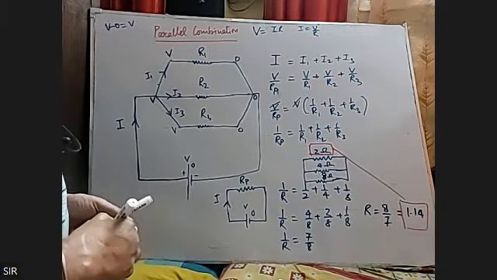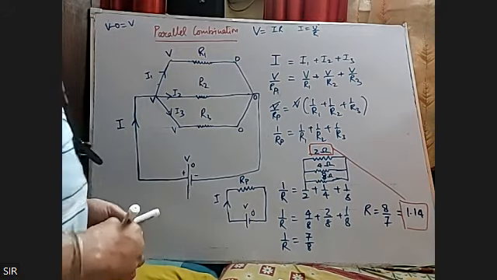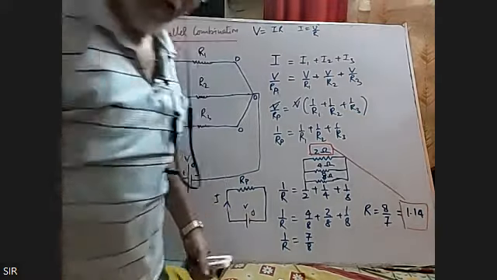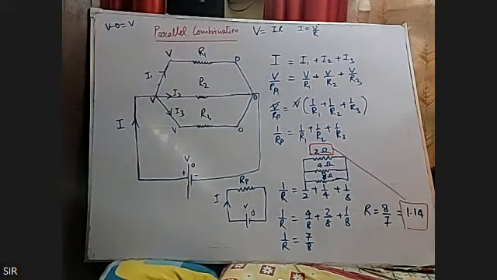N resistances, each R, are connected in parallel. What will be the equivalent resistance? Tell me. It will be R by N. Check. 1 upon Rp is equal to 1 upon R, N times.